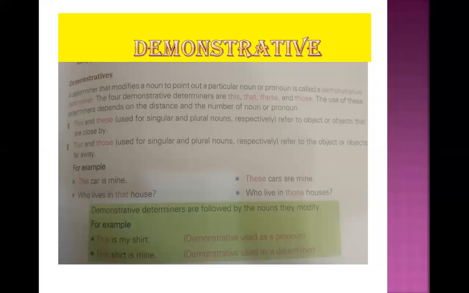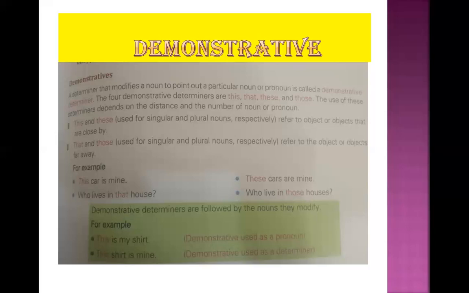For example, this car is mine. These cars are mine. Who lives in that house? Who lives in those houses? So it depends upon the singular or the plural noun. Demonstrative determiners are followed by nouns they modify.